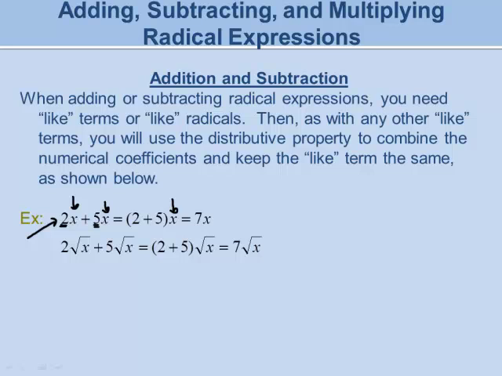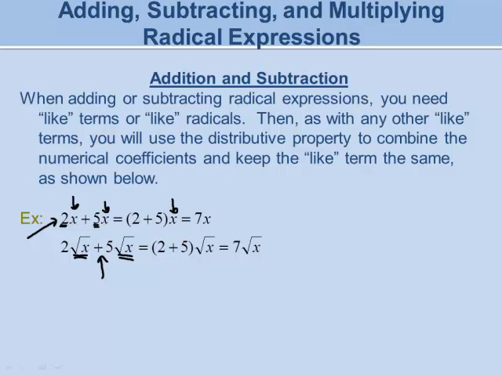The same is true with radicals. In order to have a like radical, the radical piece has to be exactly the same, and if you're adding or subtracting, you need like radicals in order to add or subtract. And so just like with the example above it, you could think about it as a factoring out a greatest common factor problem.